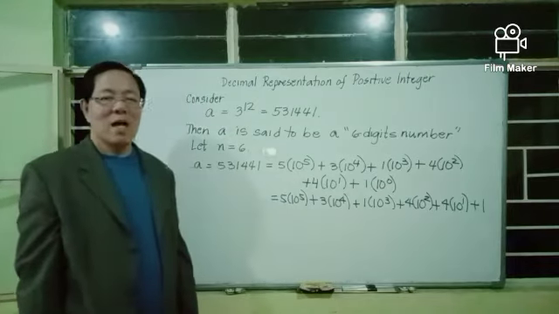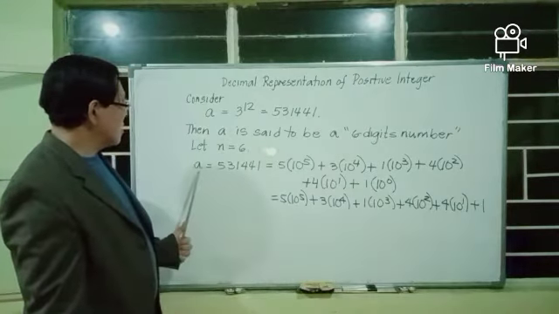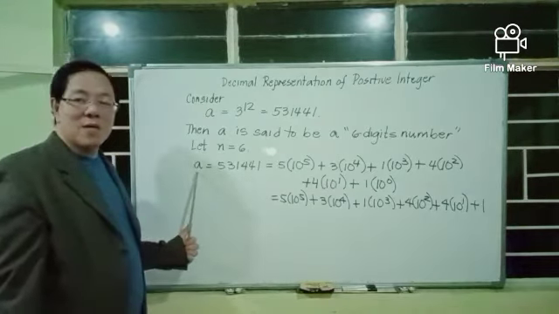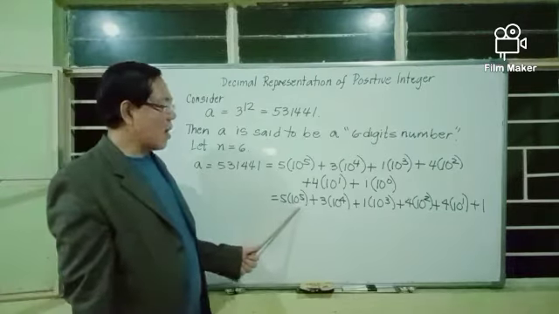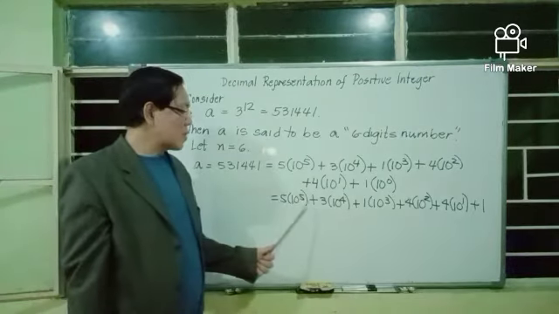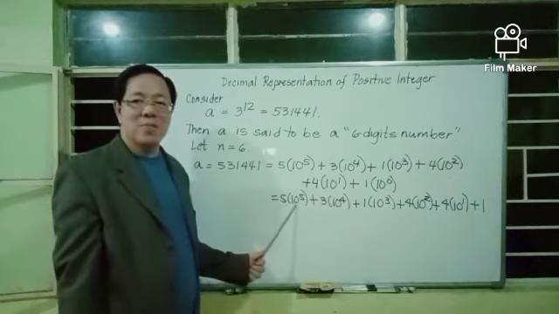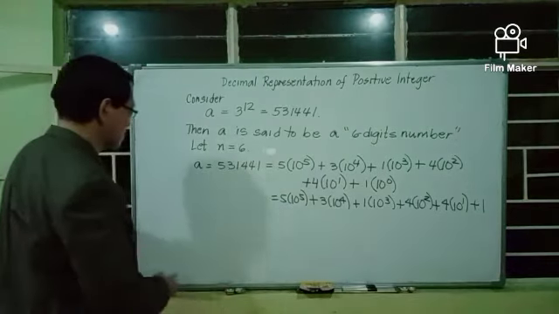Now we generalize, writing a real number A as a sum of its digits multiplied by powers of 10.